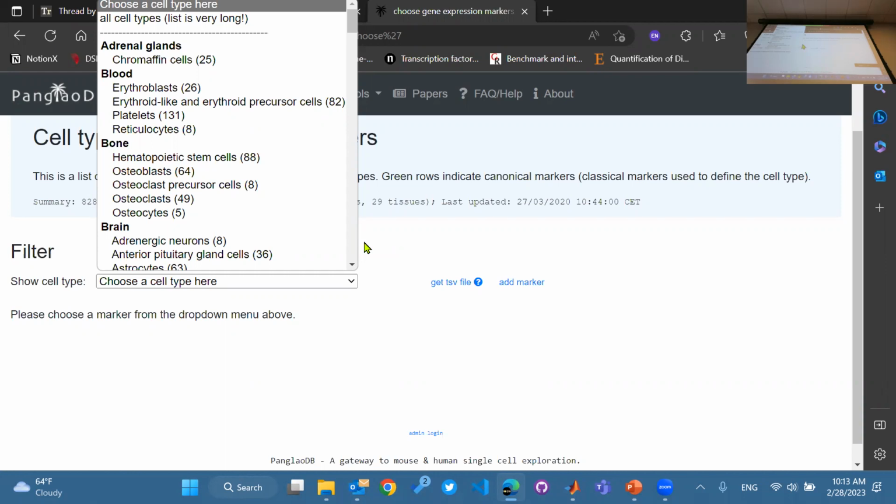And then you have genes 3, 4, 5 as the definition for cell type 2. Okay, so that's the database of marker genes.